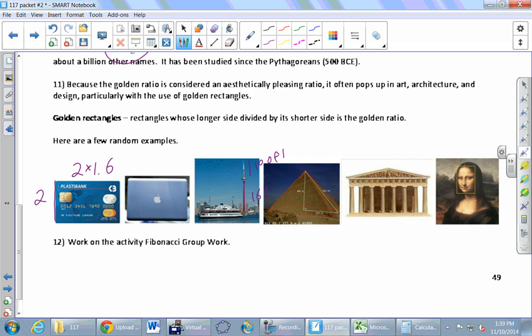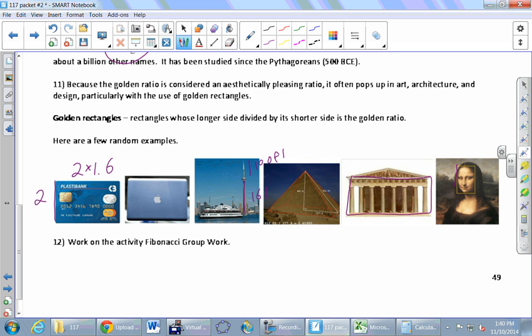Let's see what's happening here. So if you look at the rectangle that's on the front of the, it's called the Parthenon or the Acropolis. Which one is that? Parthenon. So the idea is that folks studying architecture have looked these numbers up and the measurements, and there's a lot of 1.6s floating around.